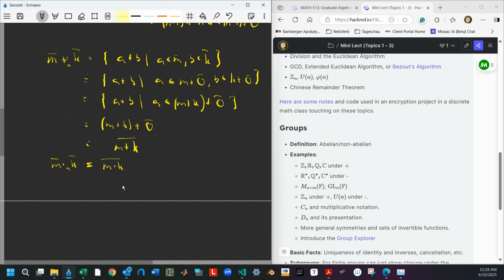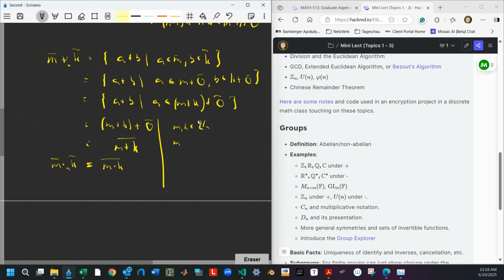This is equivalent, okay, to the thing that you had to prove in homework. So you had to do this in homework, where you took say M and K element of Zn. Now here, thinking about this as just being 0 through n minus 1, and you showed that M, how was it, M, yeah, what did you actually show?